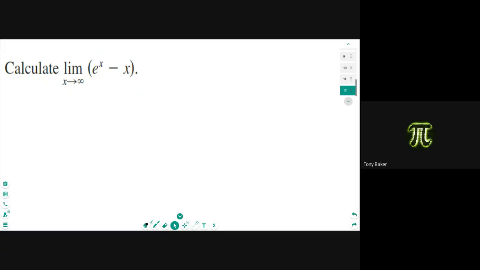So infinity minus infinity is, yes, indeterminate. So how do we want to rewrite this one so that it would be a fraction?